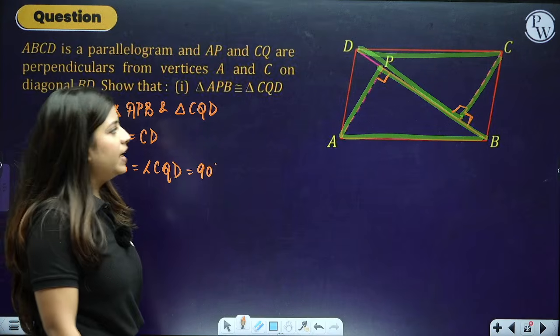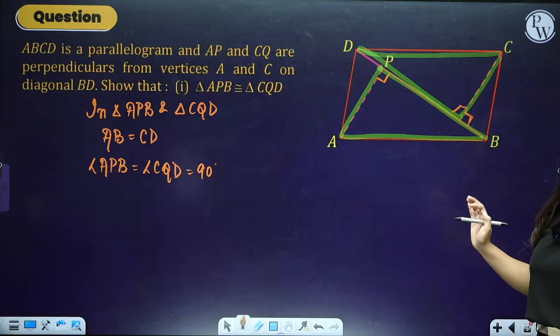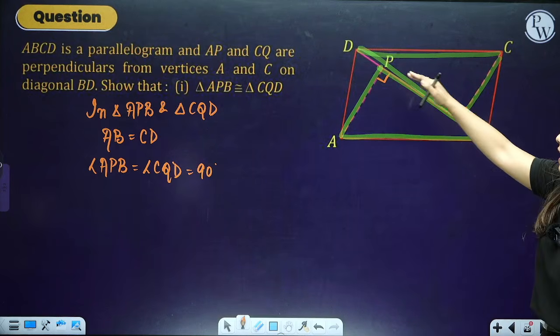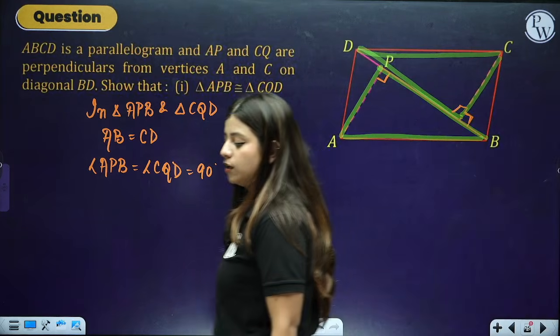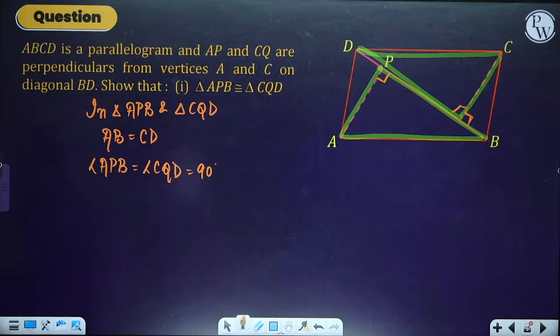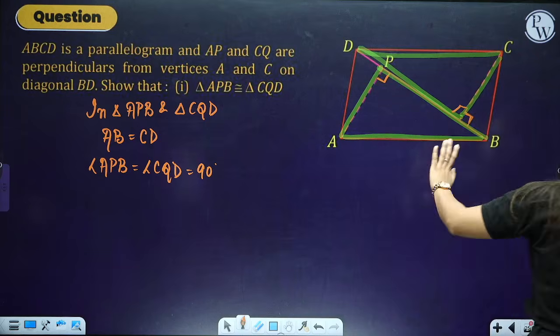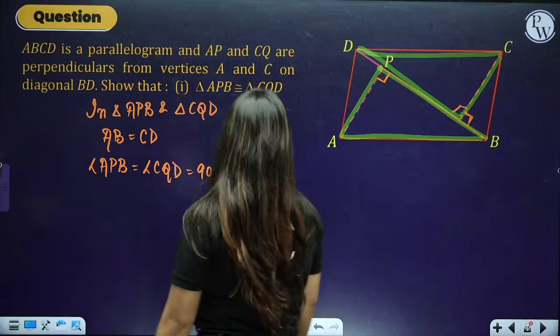The next thing we can say is, if it's a parallelogram, the diagonal divides it into two congruent triangles. We have learned the theorem, right? First of all, see what we have to show: this triangle APB and CQD.